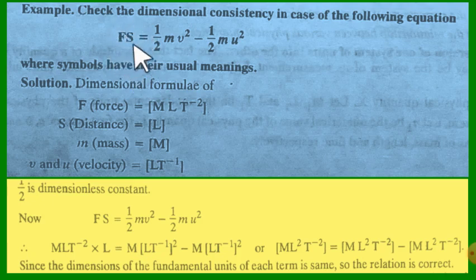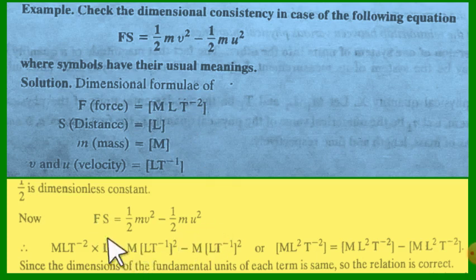There is a formula known as the work energy theorem: work is equal to change in kinetic energy. Now let's see whether this given relation is dimensionally correct or not. We need to write the dimensions of force and distance, mass, velocity, separately, and then see whether the dimensions involved in the fundamental units in the given relation are the same or not.